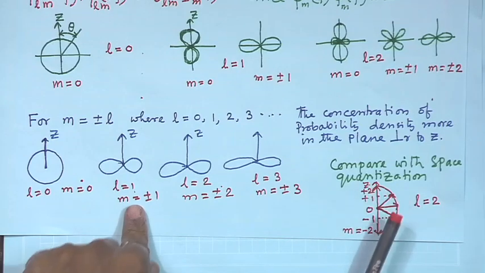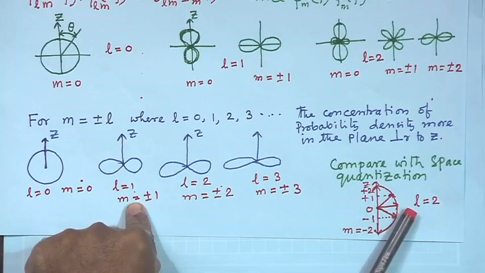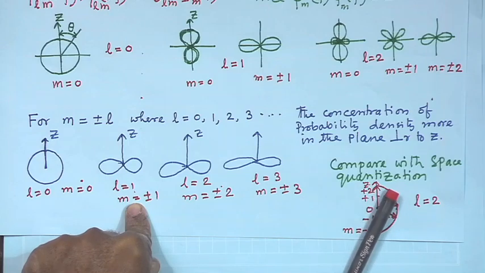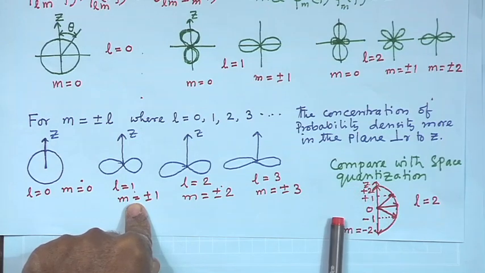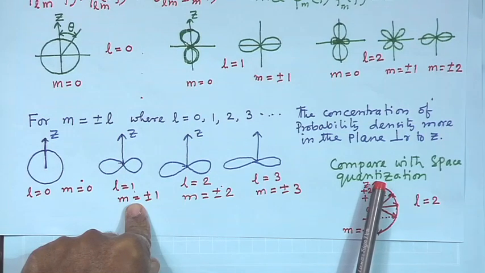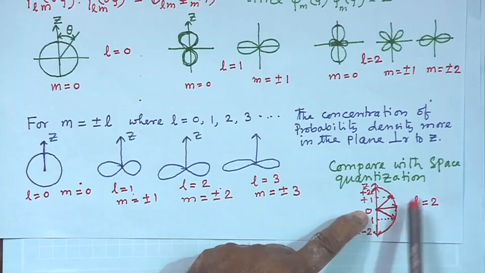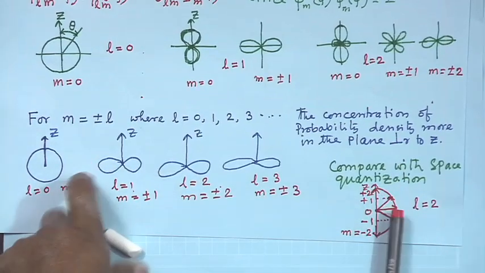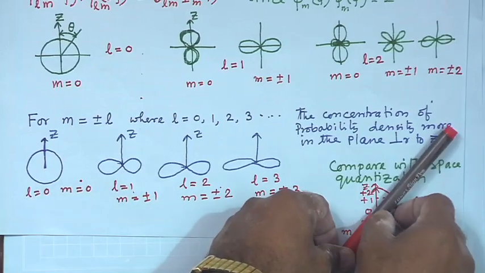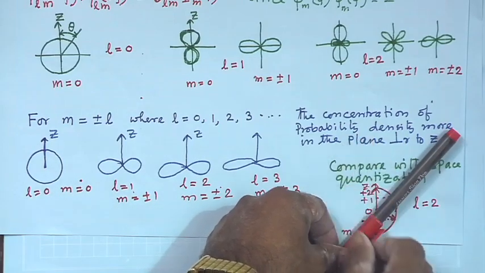So it will be quantized in such a way that the ml value will be 0, plus minus 1 and plus minus 2. The ml value is the projection of the angular momentum along a fixed direction, that is the z direction.